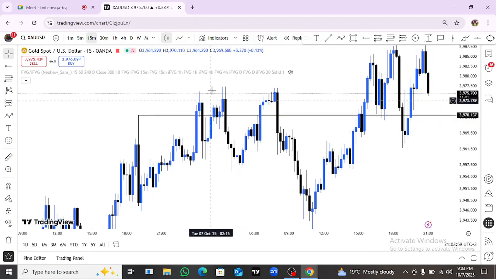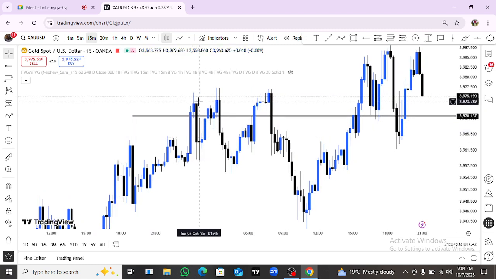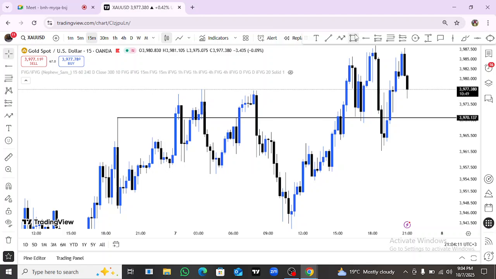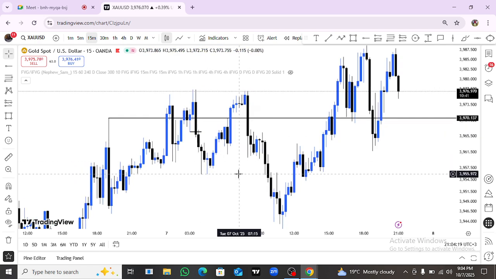Price swept. Okay, entry confirmation. No, I'm not seeing my entry confirmation. Okay, so I have one entry confirmation over here. Can see price came back and tapped the zone, and we had a small drop.